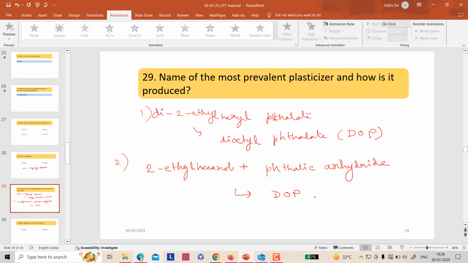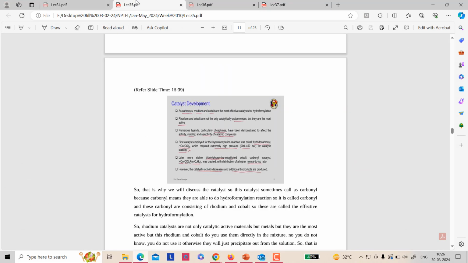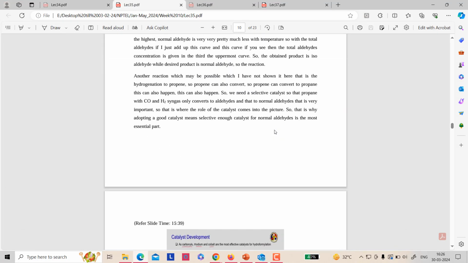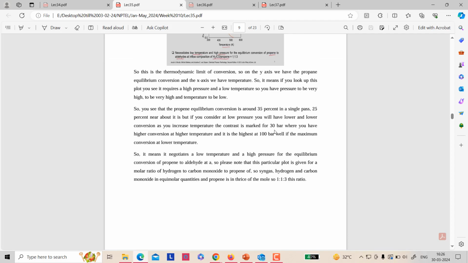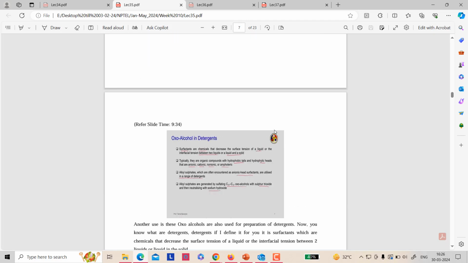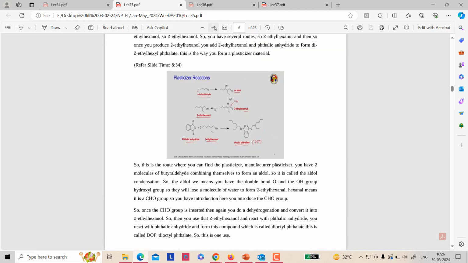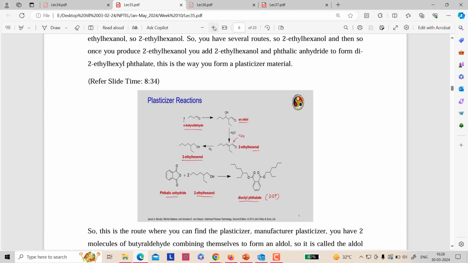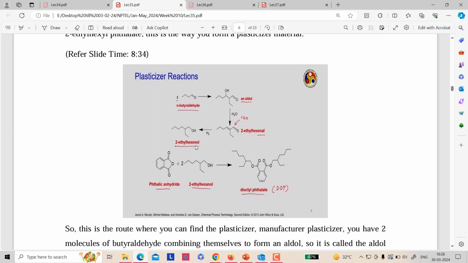In this plasticizer reaction you can see that first from N-butyraldehyde, 2-ethyl hexanal is produced. Then after hydrogenation, 2-ethyl hexanol is produced.